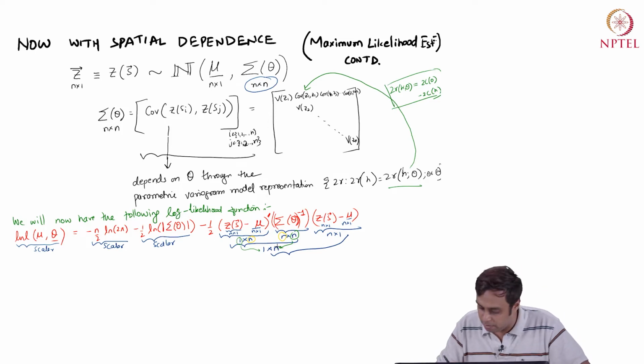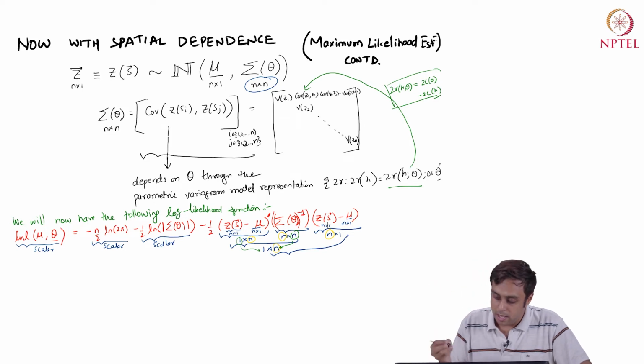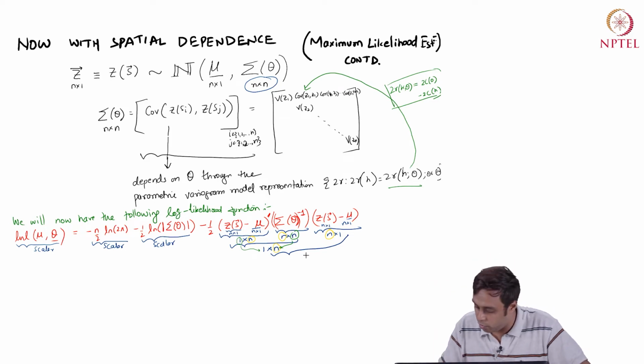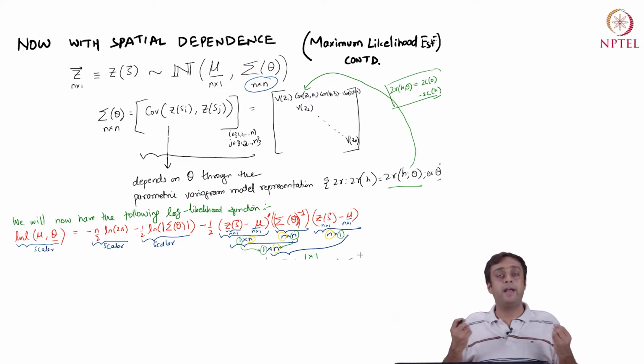Again, these are conformable because the number of columns in the left hand side matrix is the same as the number of rows in the right hand side matrix, but the size of the result is interestingly 1 by 1, which is nothing but a scalar. So I really have a scalar entity on the right hand side, even though it might look a little bit more complicated than what we have seen till now, right.